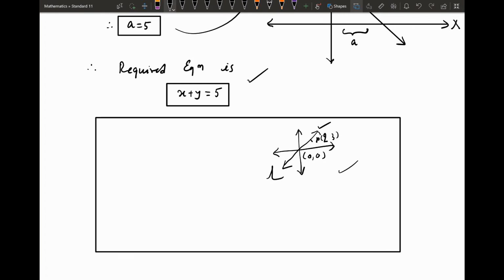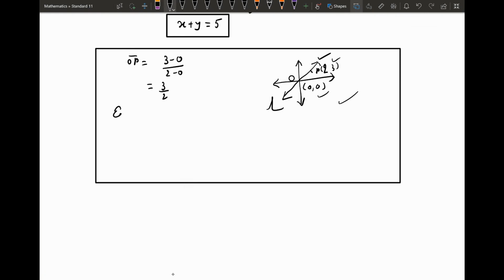In this case, the slope of OP is y2 minus y1 upon x2 minus x1. So the slope is 3 by 2. So the equation of L: if a line with slope m passes through the origin, then its equation is given by y equal to mx.